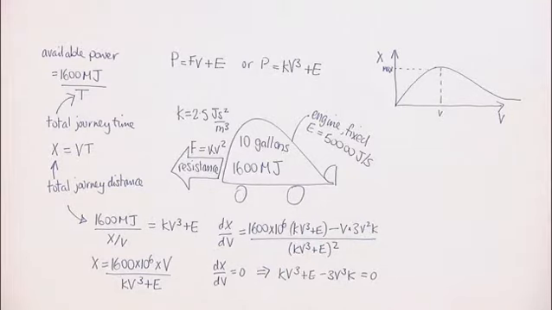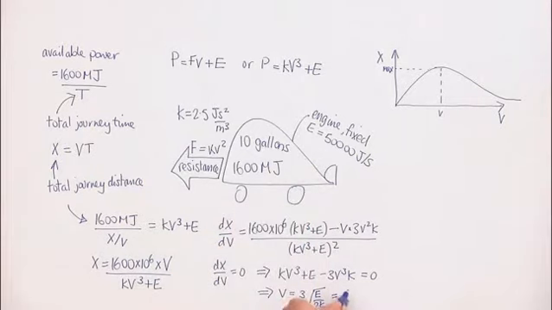We can rearrange that and get an expression for v: V is equal to the cube root of E over 2k. And we have numbers to put in now.